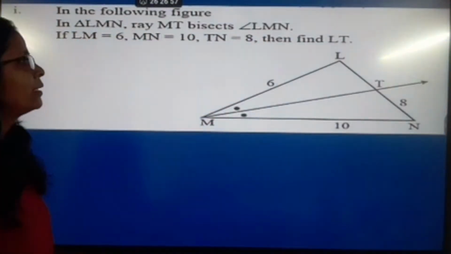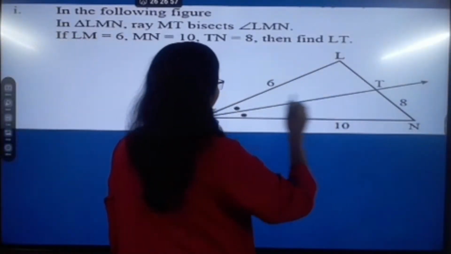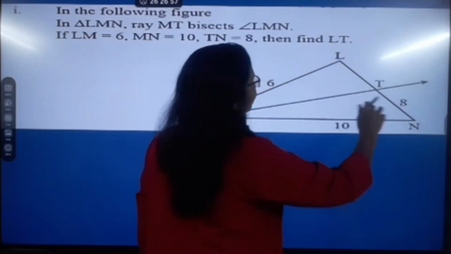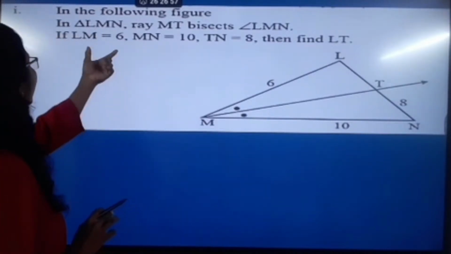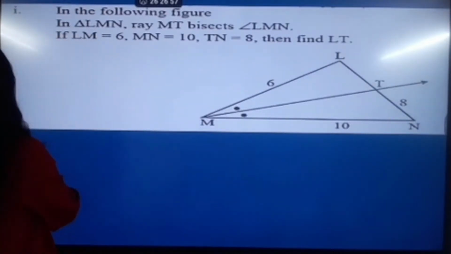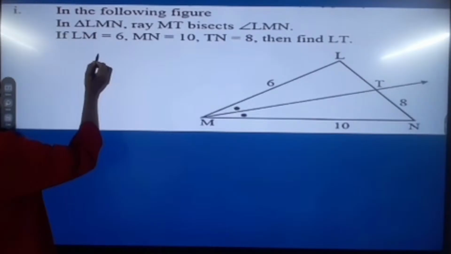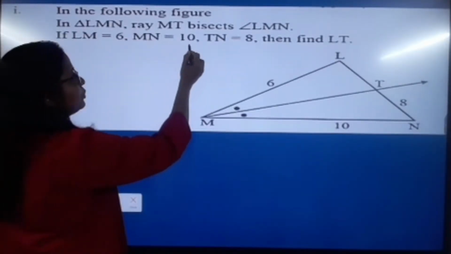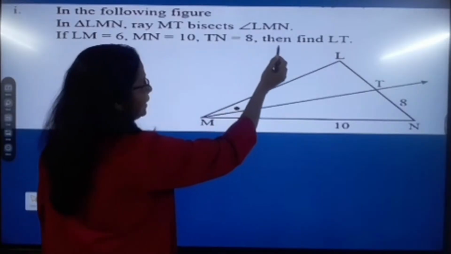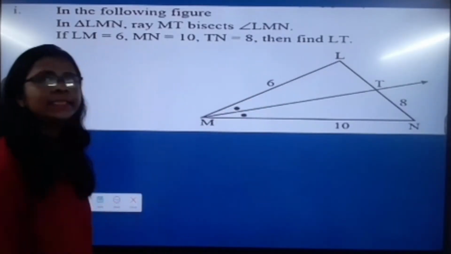See here, there is a triangle LMN and MT is the bisector of this angle. So now the given information is that LM is equal to 6, MN is equal to 10, TN is equal to 8, and find LT.